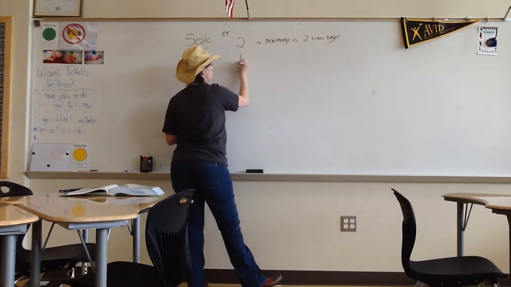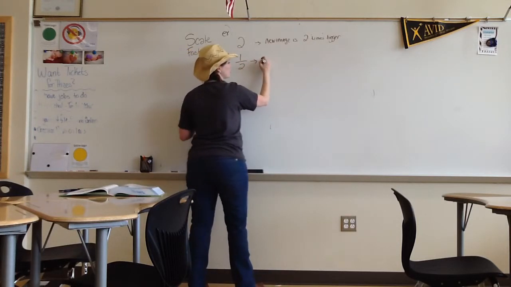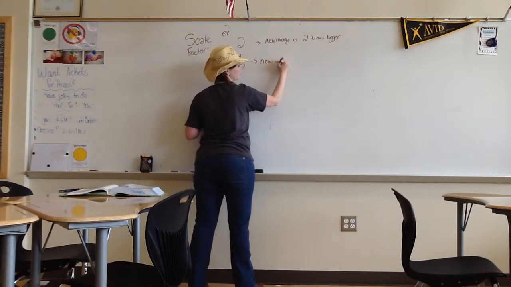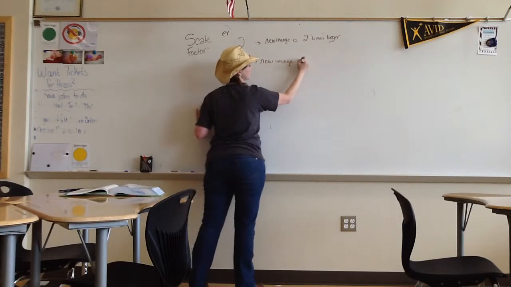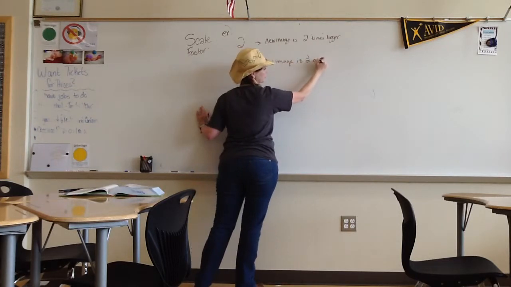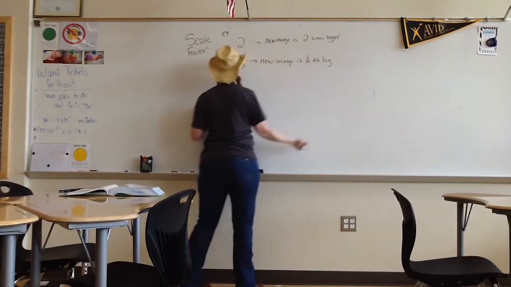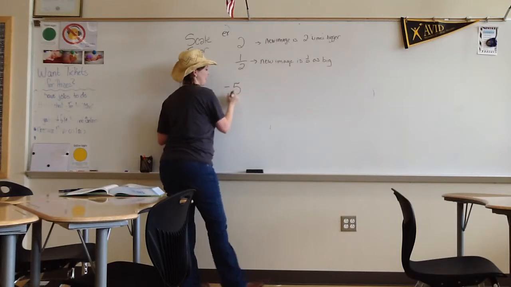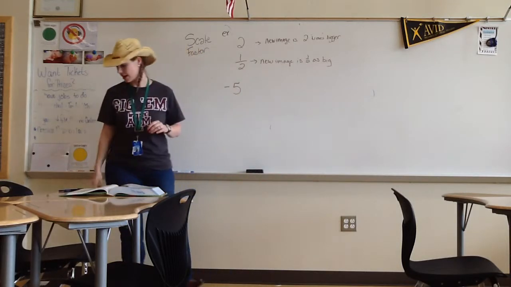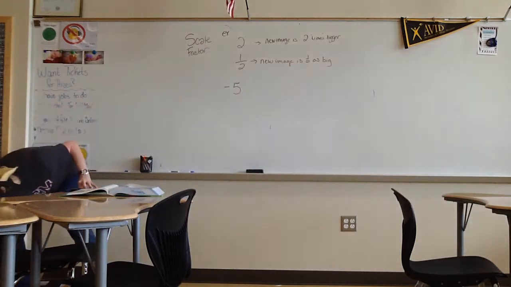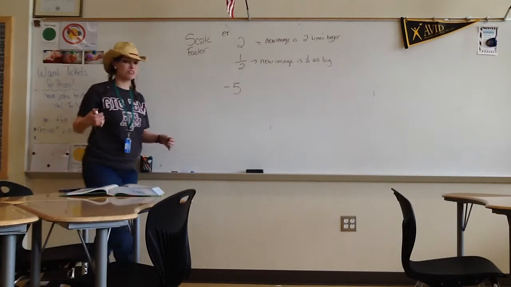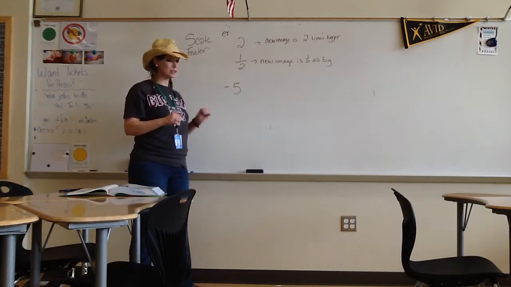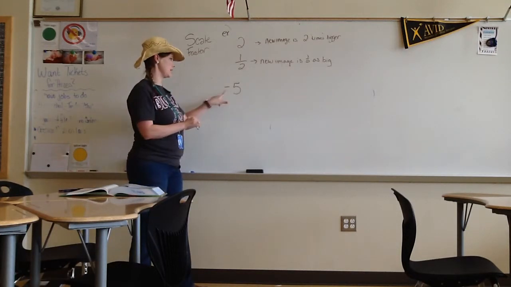And say you had 1/2, then the new image is half as big. But if you had a scale factor of, say, -5, then yes, your new image is 5 times bigger, but there's an extra little thing in there, the negative.